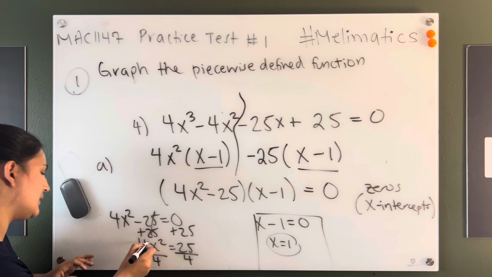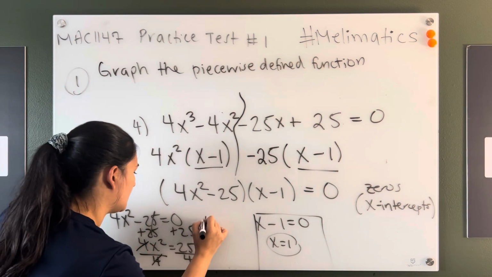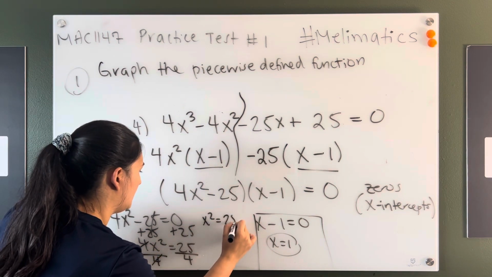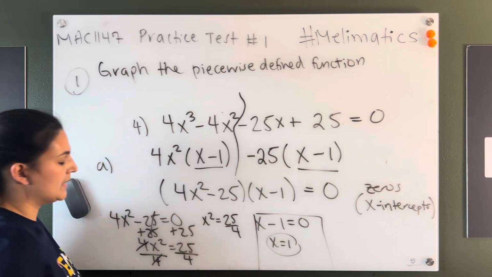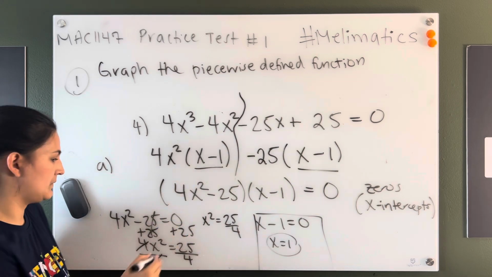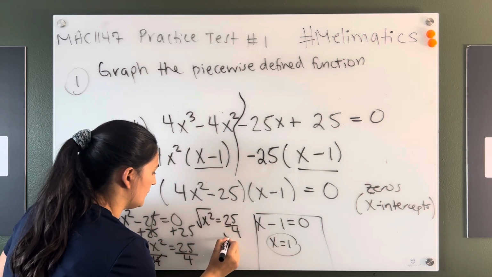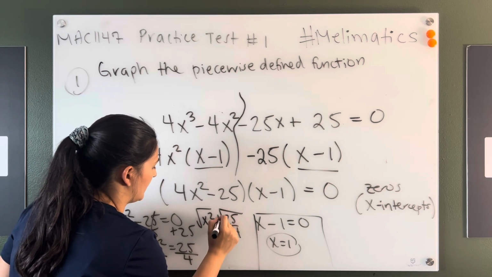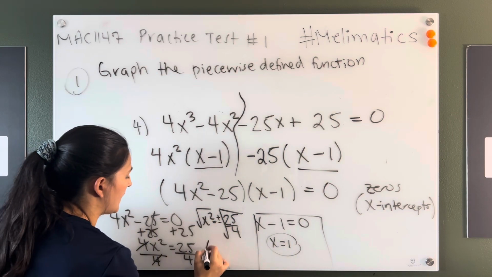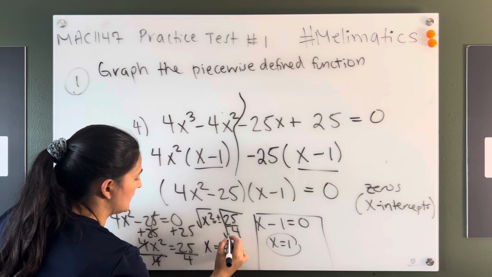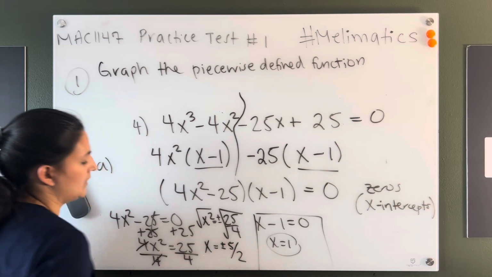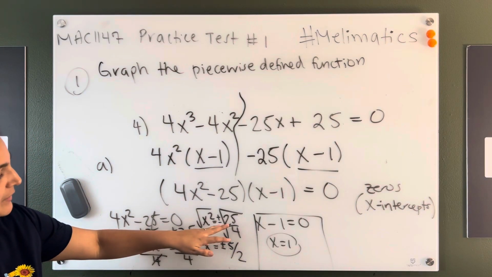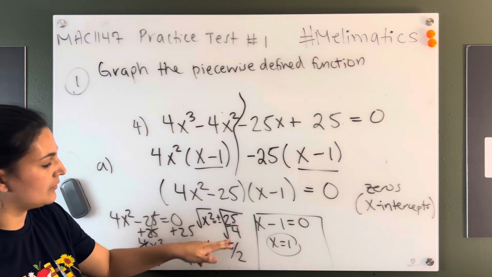So this is that x squared equals 25 over 4. And then of course what's the opposite of squaring? Square rooting. So you're going to use the square root method. Square root the right hand side, and remember you have a positive and negative answer. So it's going to be x equals plus or minus 5 over 2, because the square root of 25 is 5 and the square root of 4 is 2.